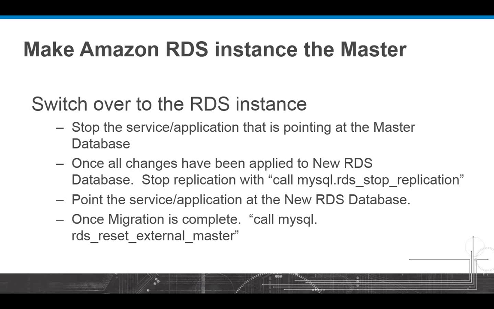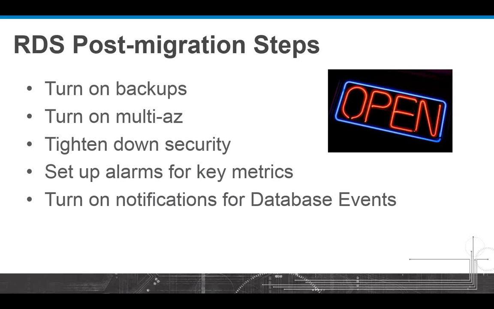At some point, you have to pull the cord and catch up all the rest of the transactions that have accrued on your master to the RDS instance. Once that is done, you can stop the replication process and point your service or application to the RDS instance. You'd also want to do a reset external master so that the replication is terminated.